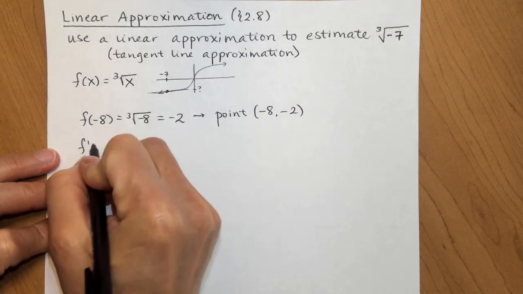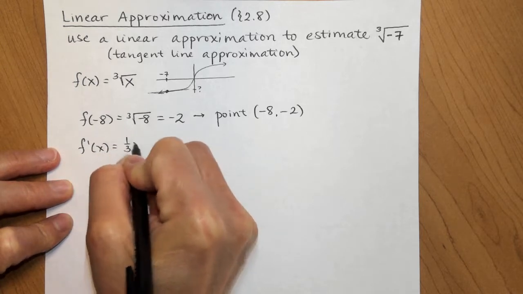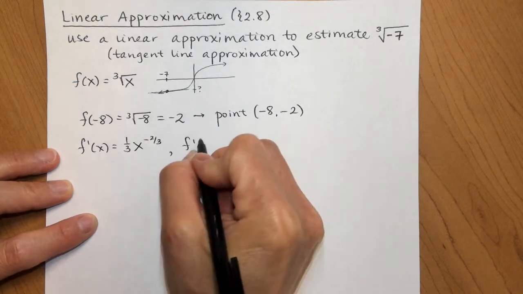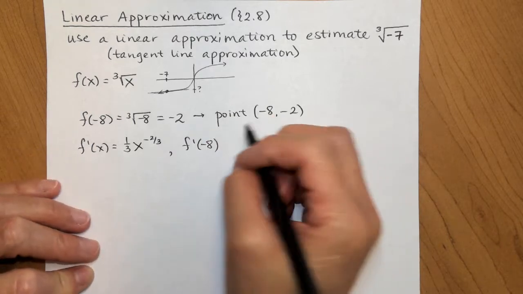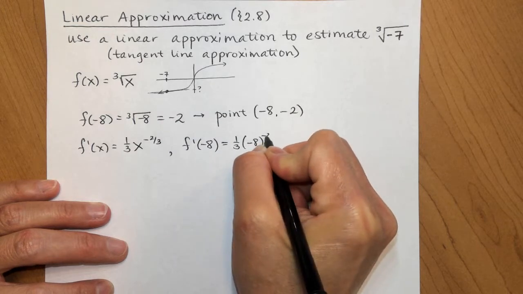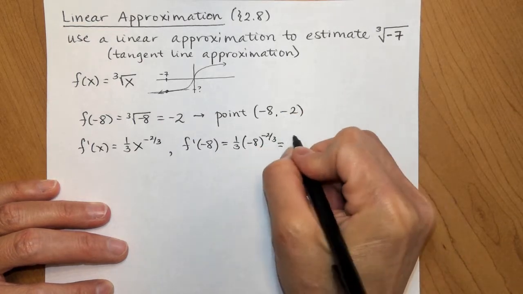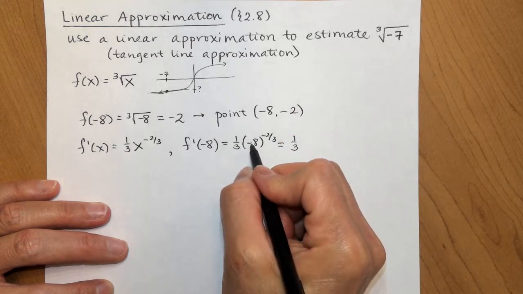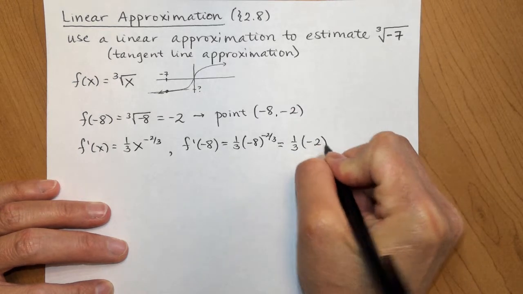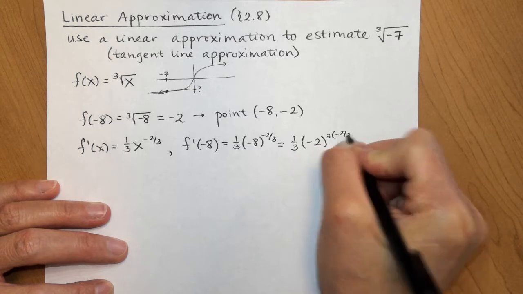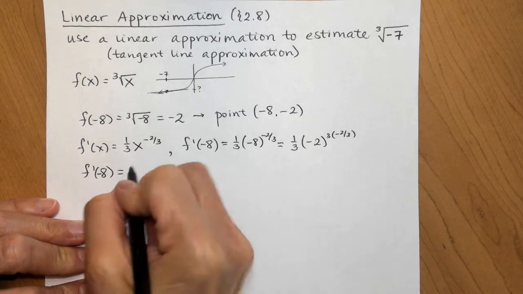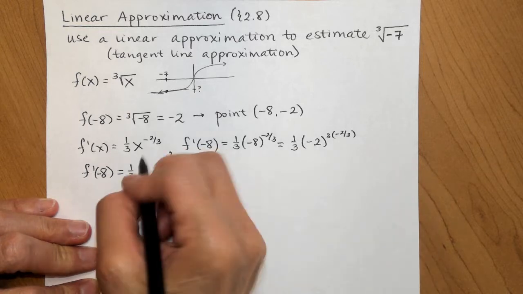And I'm going to find the slope of the tangent line, or the derivative, at that point. So the derivative is 1/3 x to the -2/3. And the derivative at -8, the slope of the tangent line when x is -8, is 1/3 times -8 to the -2/3, which is 1/3, well, -8, remember, is -2 cubed, -2 cubed to the -2/3, which means I'm going to have 1/3 times -2 to the -2.